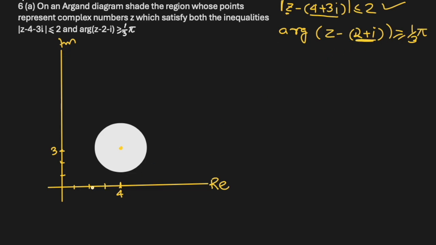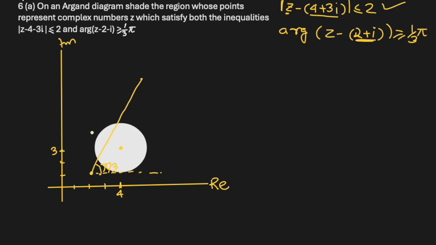The real is 2, which is here, and imaginary is 1. From here we draw a half line, which will be this way, and the angle from this half line will be pi by 3. So it is in this direction. This angle is pi by 3, and it has to be more than 1 over 3 pi.